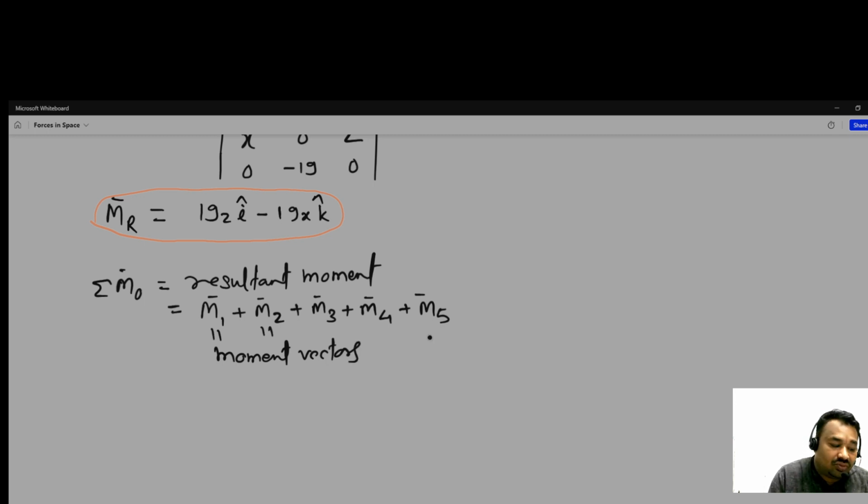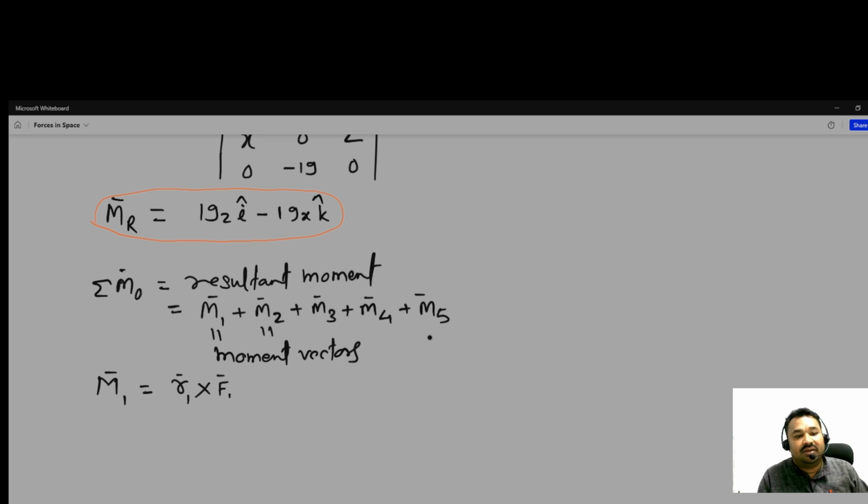Okay, so how to get this? Suppose we have to get m1. Okay, and here everything is about the origin. Okay, so m1 is equal to then r1 and then the f1, it is cross product.